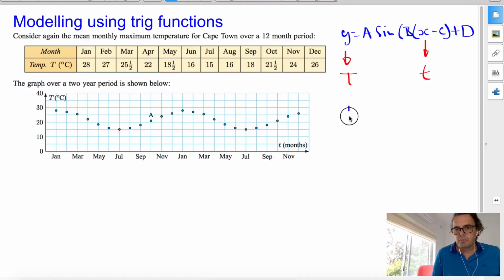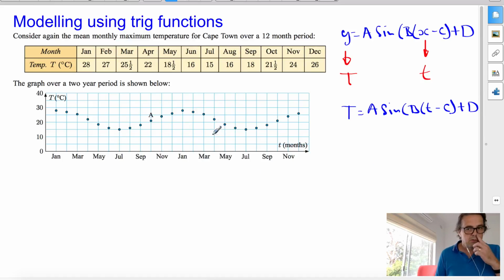So I have T equals A sine B T take C plus D. Okay, let's do the easy ones first.